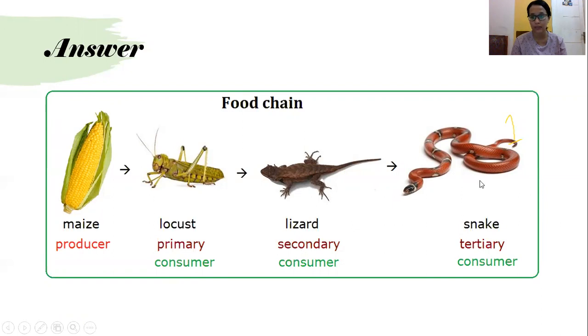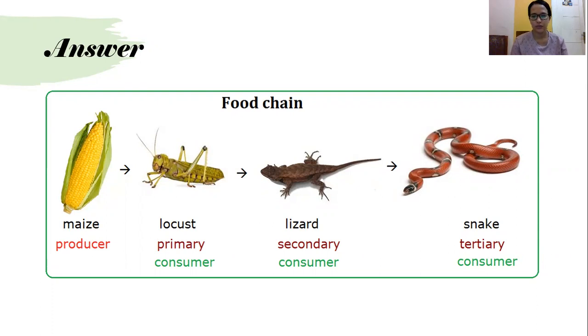And the last one, the biggest, strong one, is the snake, which eats the lizard. So you have to be able to order and label them correctly. That is for the writing section.